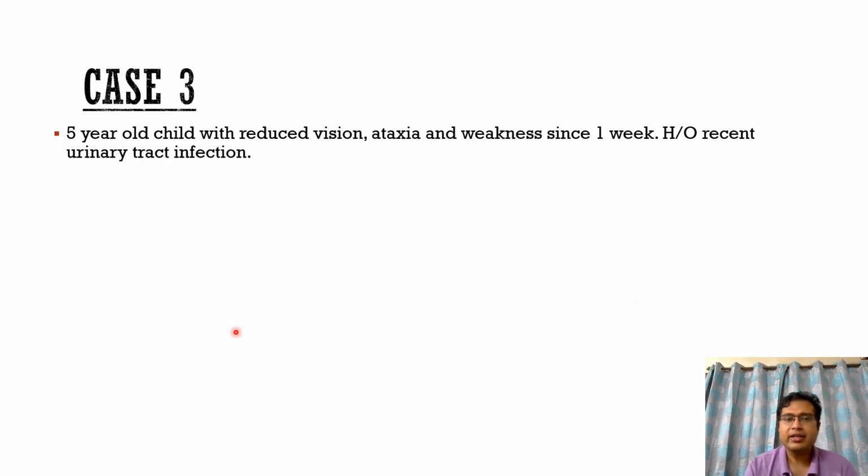Then coming to the next demyelinating disorder, this disorder typically presents in a pediatric age group, where a 5-year-old child with reduced vision, ataxia and weakness since the past 1 week and history of recent urinary tract infection came for an MRI brain.